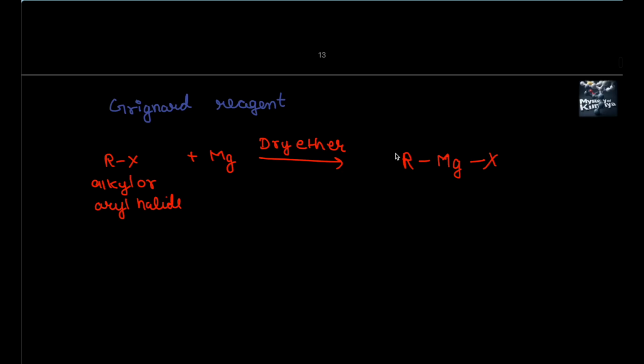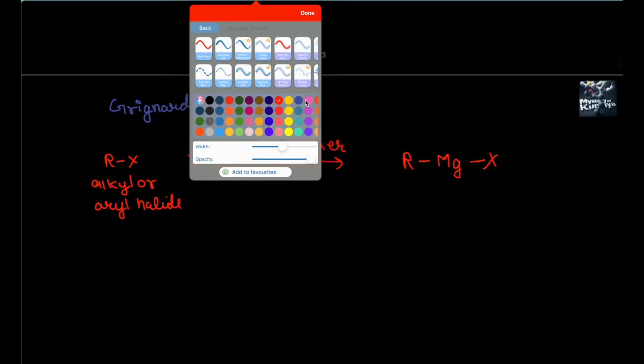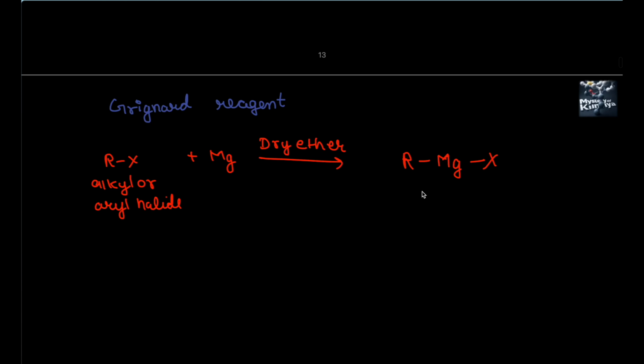Here again the carbon has more electron density. So this Grignard reagent can act as a nucleophile as well as a base.